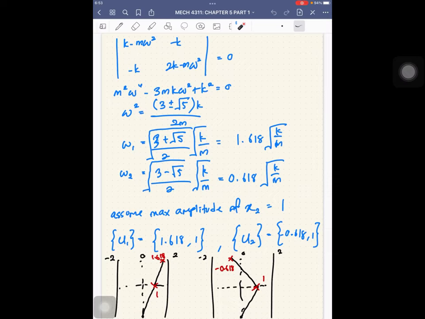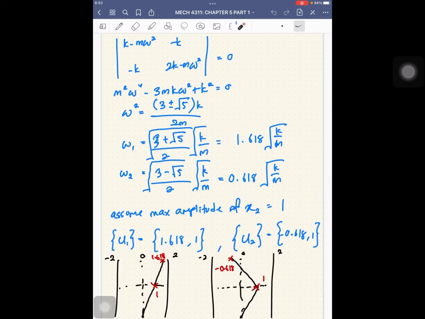So if the variation is like that, okay, we can say 1 is the maximum for x2, right? Then x1 is 1.618. So we can draw our mode shape like that.